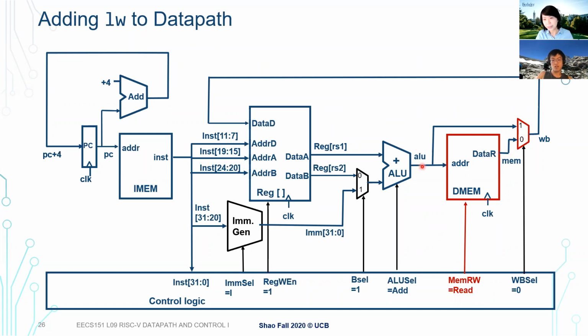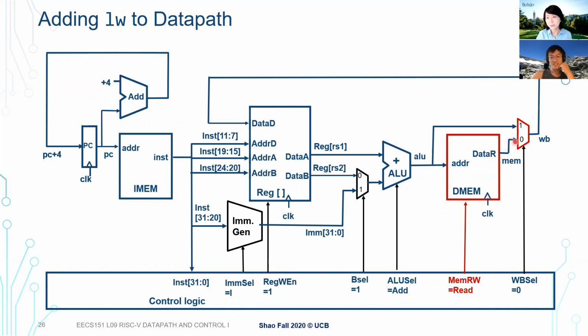So before, the ALU result always went directly back to the register. Now we have another alternative source of data, right? Instead of directly from the ALU, it can also come from the memory. Whenever we have two sources and we need to dynamically select which one goes to the next stage, we always introduce multiplexers, MUX.